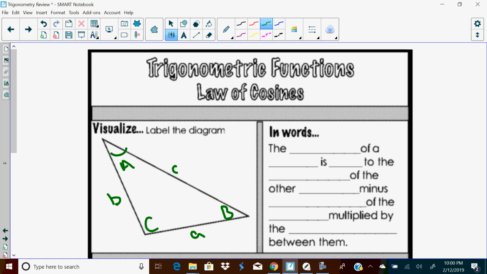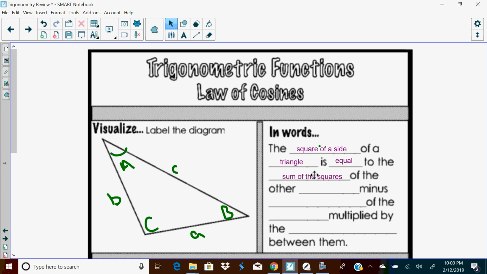The law of cosines in words is: the square of a side of a triangle is equal to the sum of the squares of the other sides minus twice the product of the other sides multiplied by the cosine of the angle.